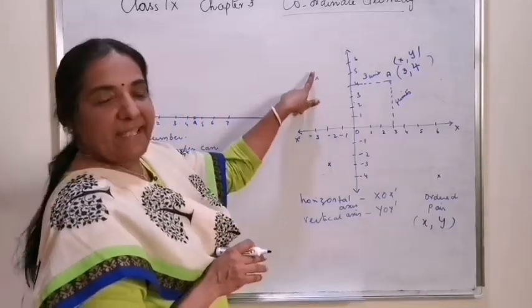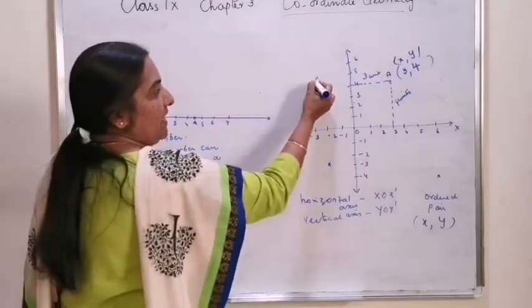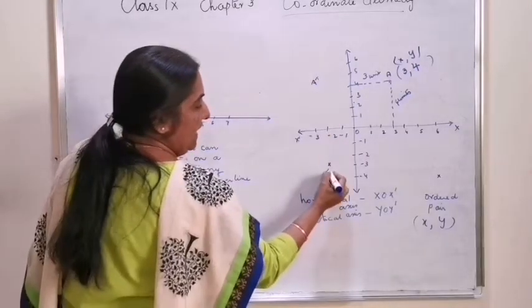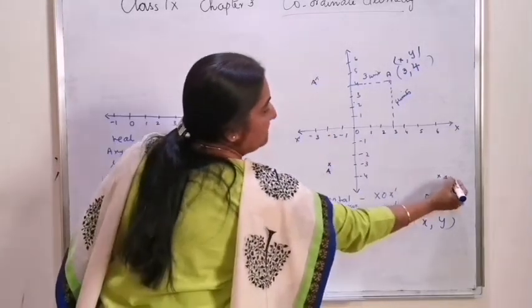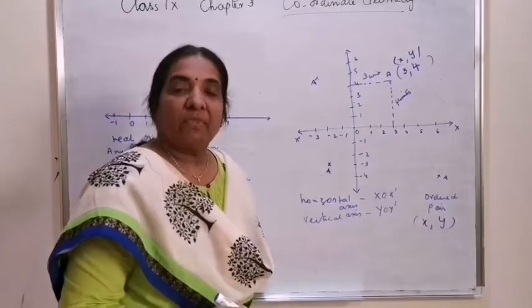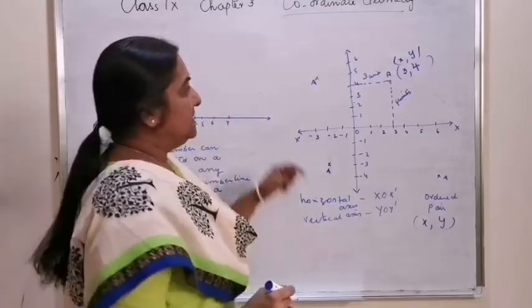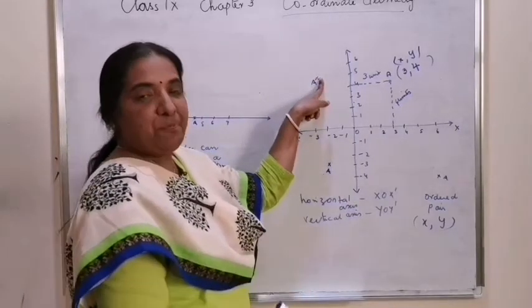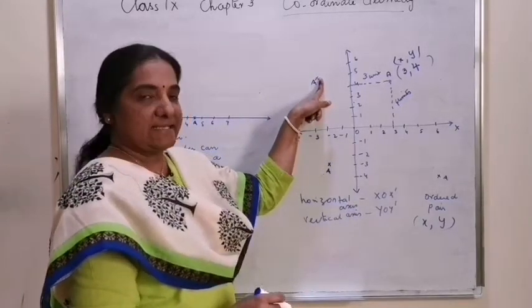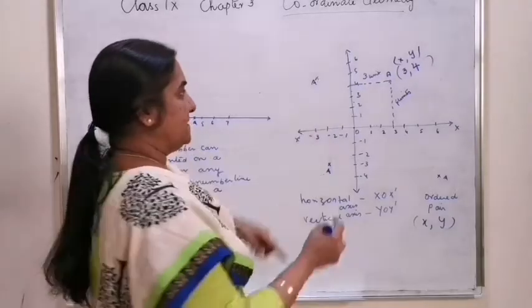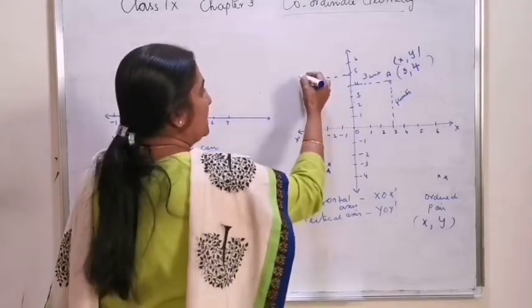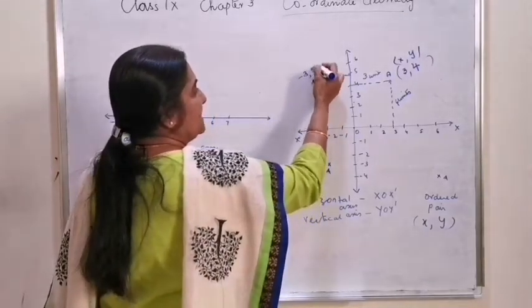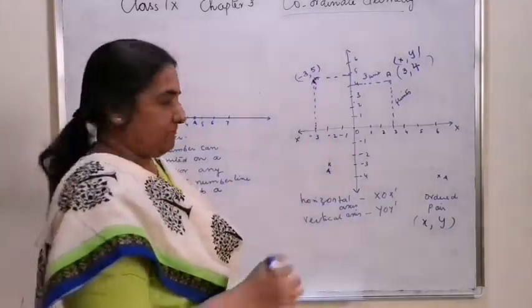The point A can be any one of these in the plane also. What is the distance of the point A in this position from the x-axis and y-axis? This point is represented as -3, 5.